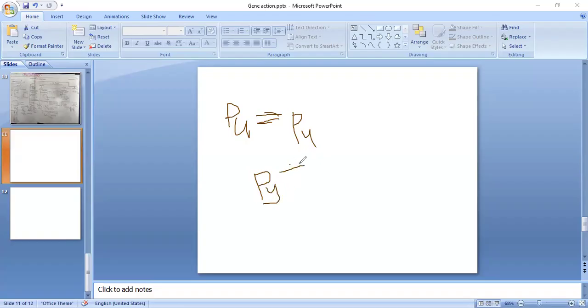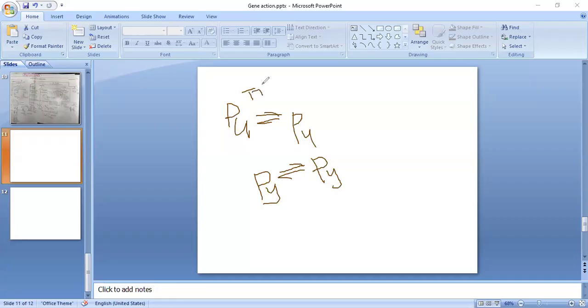So a pyrimidine is replaced with another pyrimidine, we can call it transition. So transition is nothing but, in a polynucleotide chain, the nitrogen base is substituted with a like base, a similar nitrogen base. That means purine is replaced with purine, or pyrimidine is replaced with pyrimidine. That is called transitions.